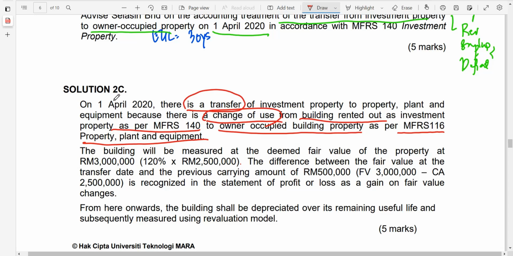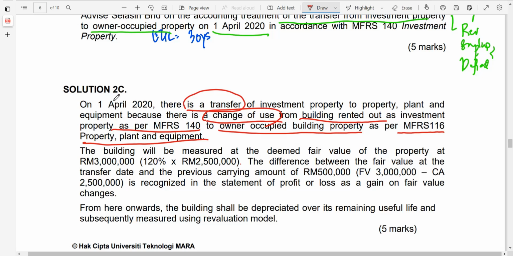The building on the date of transfer, 1st of April, will be measured at the deemed fair value of the property. Remember, deemed fair value of the IP on 1st of April was an increase of 20% from the previous carrying value. So it was 2.5, so it becomes 3 million.